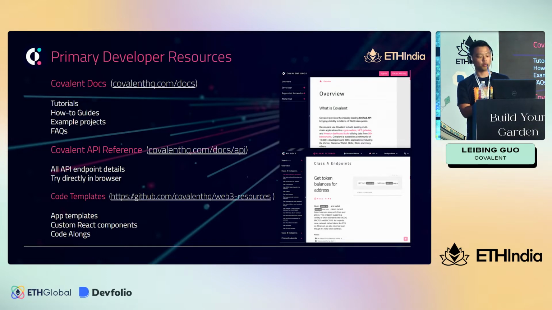And we have also built out code templates that enable you to just code along or quickly drag and drop code snippets into a front end, like a React front end or something, to see what kind of data you can get.